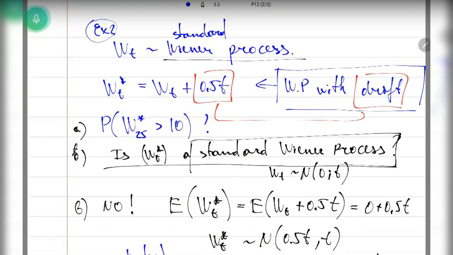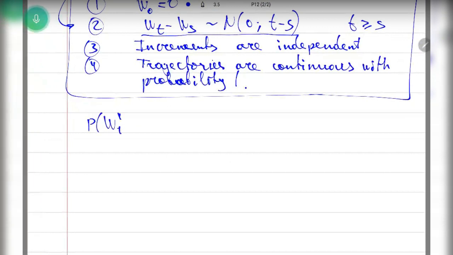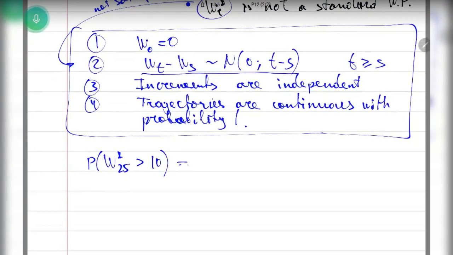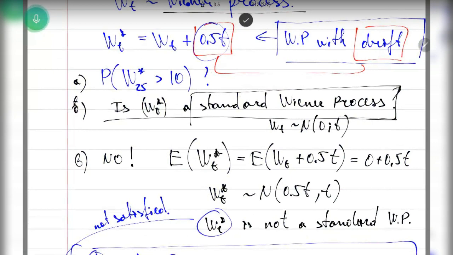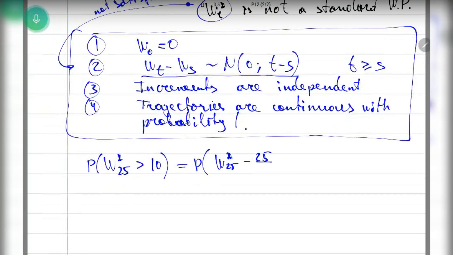Okay, and what about probability? Basically the same thing. Probability that WT star, sorry, W25 is bigger than, I don't know, 10. I standardize. I subtract this quantity, so I subtract 25 over 2, and I divide by the square root of variance.